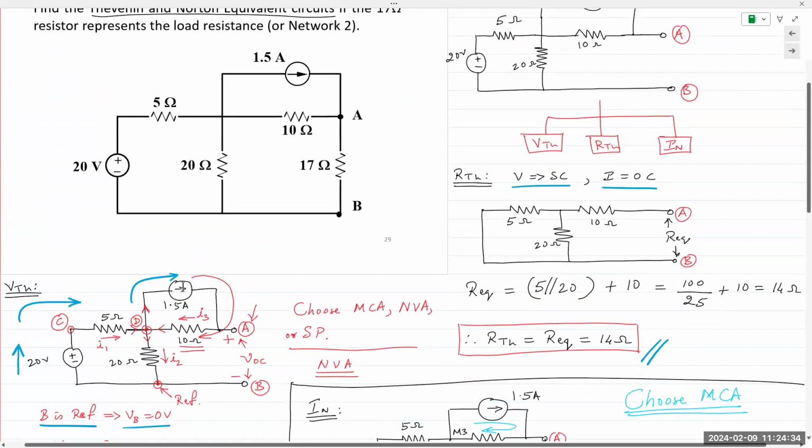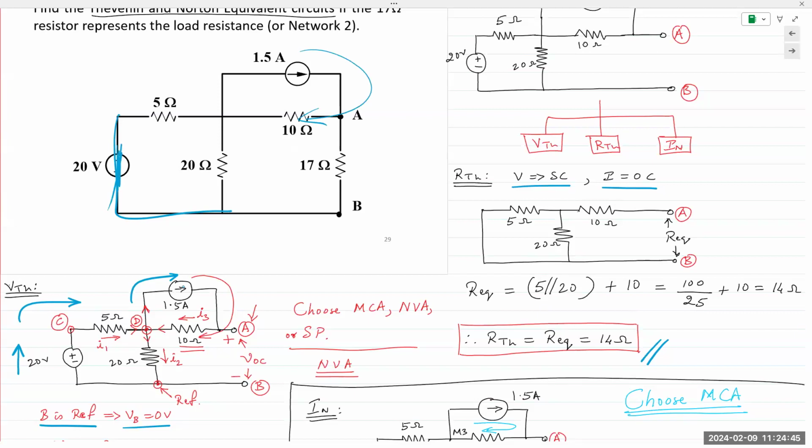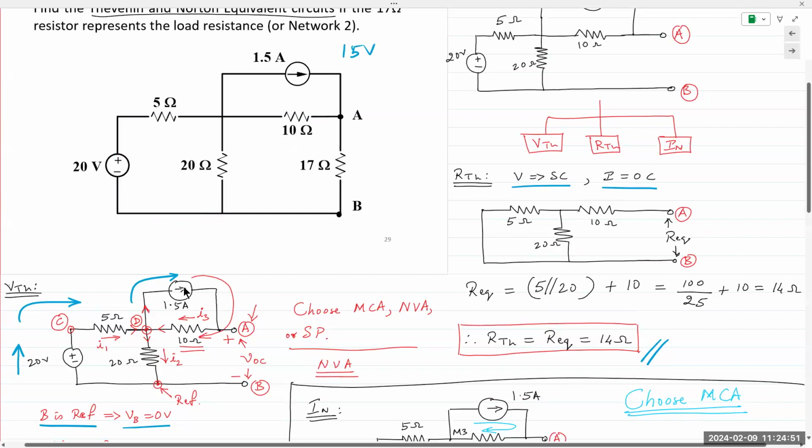I'll quickly show you that if you're trying to do the superposition, this would be 0. 1.5 amps goes to 10 ohms, and you would get 15 volts. And then when you analyze for the 20 volt source, you would get 16 volts. 15 plus 16 would give you 31 volts, which is what we found using node voltage analysis.